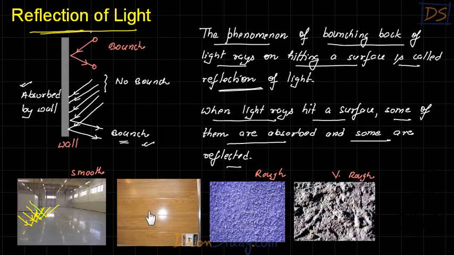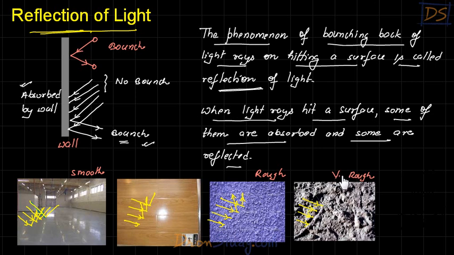Now, if light rays hit this surface, then a lesser amount of light will be reflected. If light rays hit this surface, students, a further smaller amount of light rays will be reflected. The rest will be absorbed. If light rays hit this surface, then most of the light rays will be absorbed and very little will be reflected.